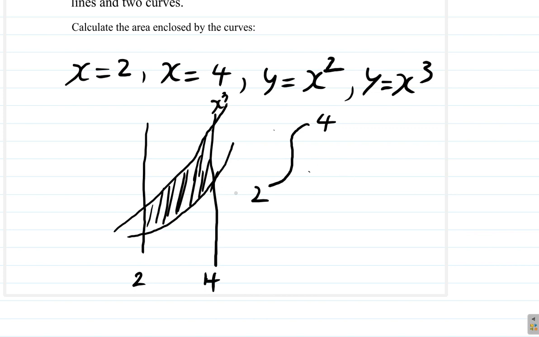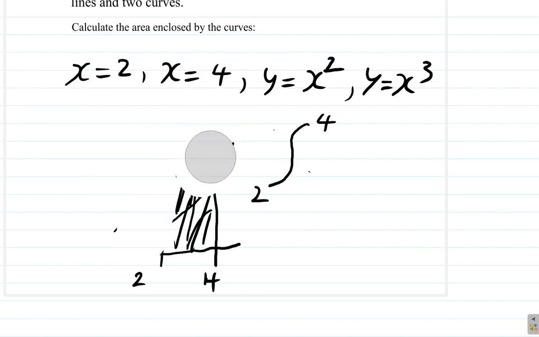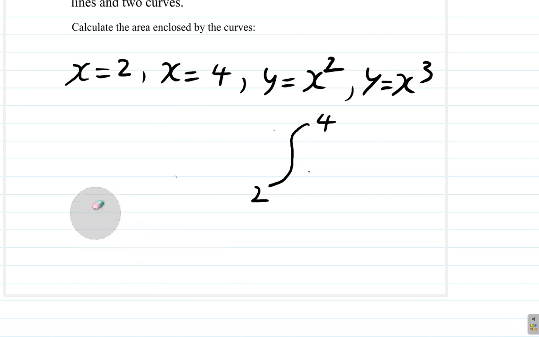If you were to find the area under the x cubed curve, and this was the x-axis, then you would be finding the whole area here. So let me erase this and look at each area individually.